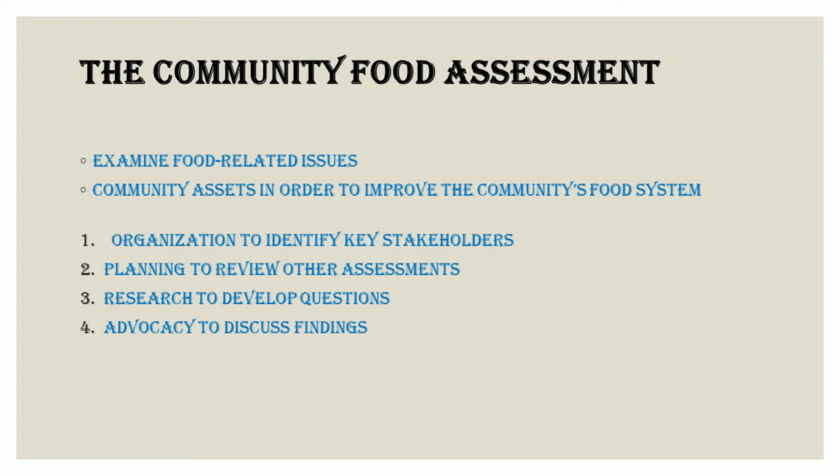Organization: identify key stakeholders, arrange initial meetings, determine the group's interest in conducting an assessment, identify and recruit other participants representing diverse interests and skills, and continue to coordinate and engage constituents throughout the project.